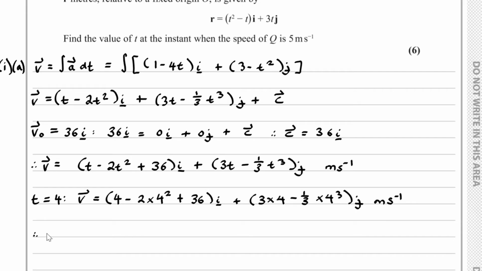And therefore the velocity after 4 seconds, in the I direction we have 8, and working this out, 12 minus 64 over 3, that's minus 28 over 3. So the velocity after 4 seconds is 8i minus 28 over 3 j meters per second.